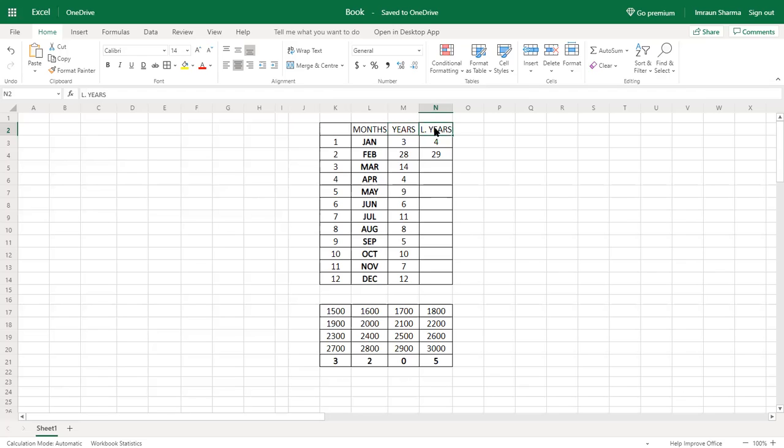And L years, well, you can probably guess, are leap years. Now these numbers look meaningless, isn't it? But these numbers are crucial because these are the default numbers which we'll be calculating the days of before going on with a certain date.